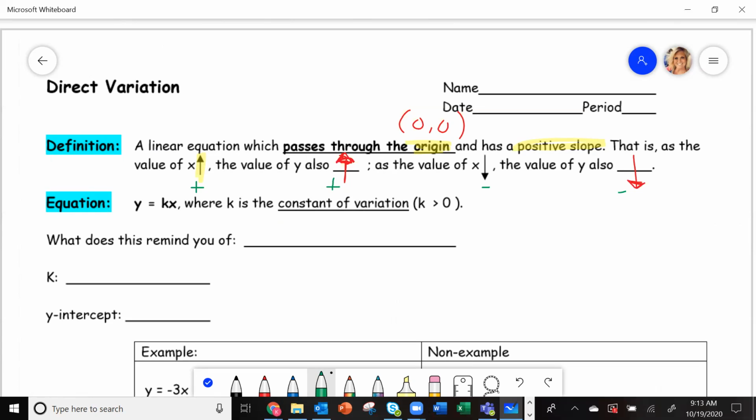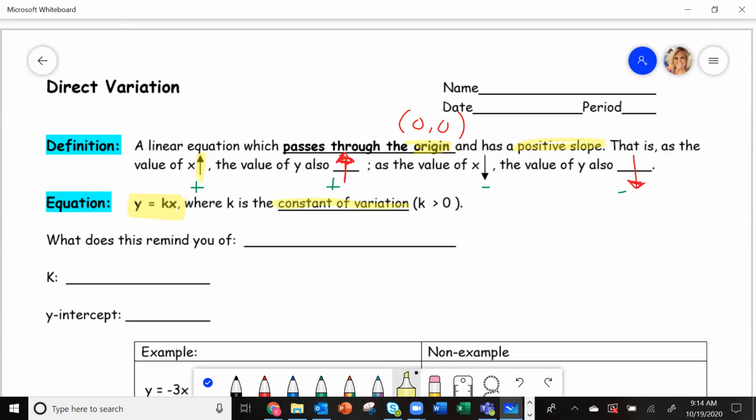Now, the equation for a direct variation is this right here. y equals kx. I will tell you guys that I have this lesson being recorded. So right now, if you follow along with me, and then if you miss something in the notes, I will have a link for the video for you to be able to fill them in. y equals kx, where k is called the constant of variation.